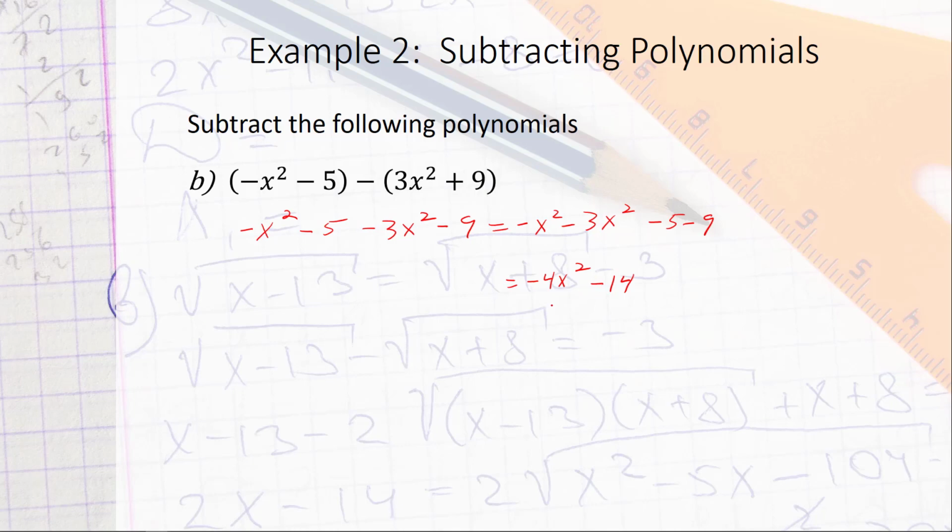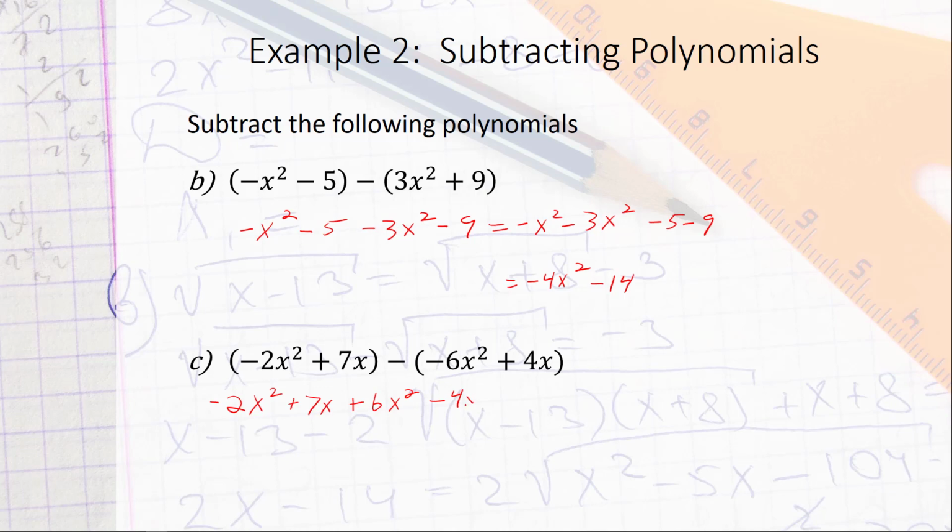And then the last one we have in this set of examples is negative 2x squared plus 7x minus the quantity negative 6x squared plus 4x. Once again, we just write down the first polynomial, negative 2x squared plus 7x, and then for the second polynomial, we change the sign and add it to the first. So that'll be plus 6x squared minus 4x.